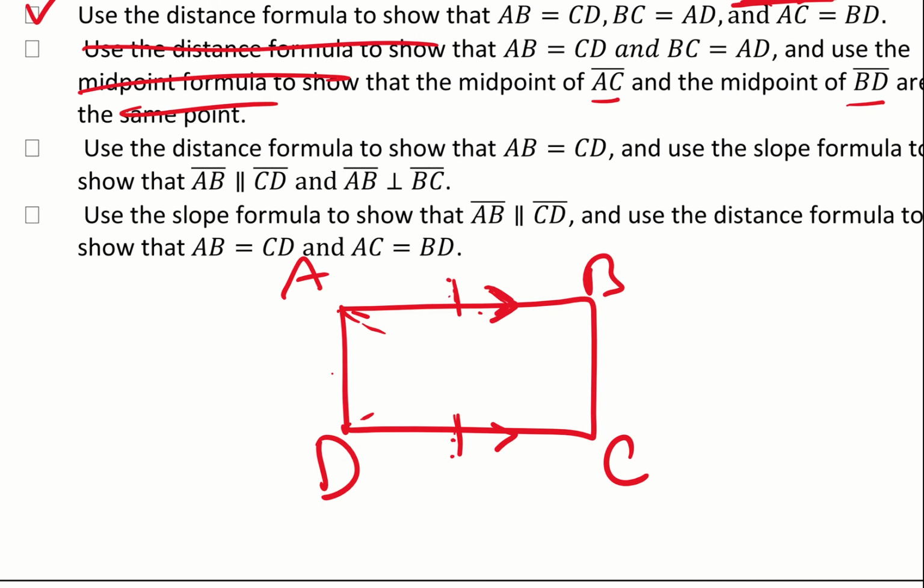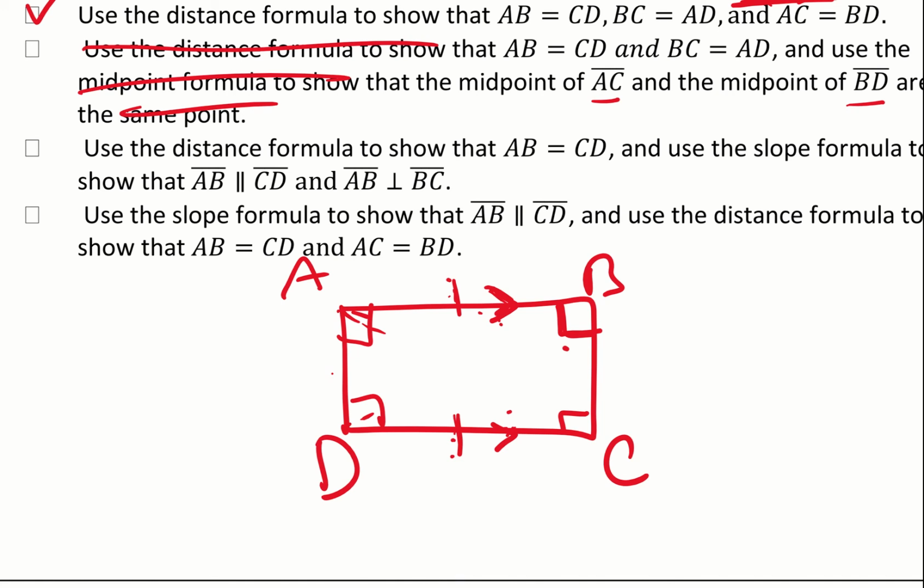Now, the fact that it's a right angle here shows that because it's a parallelogram and it has one right angle, that automatically classifies it as a rectangle. If you have one right angle, then the other angles must be right angles, because we established that they're parallel and congruent, so it's a parallelogram.